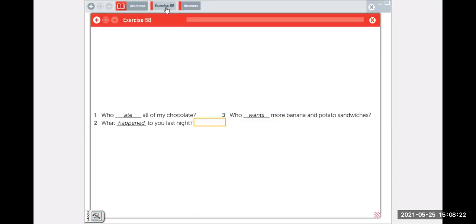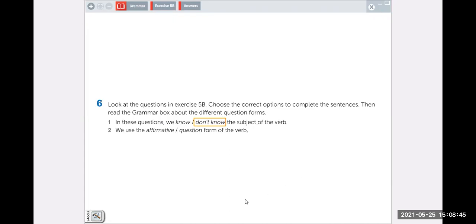What do you think? All these verbs are affirmative, right? Ate is affirmative. We have happened, affirmative, and wants. So we use affirmative verbs when we are asking this kind of question.